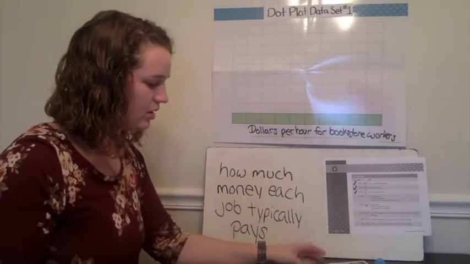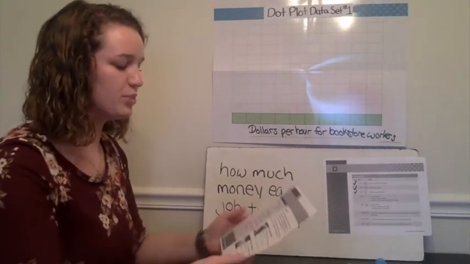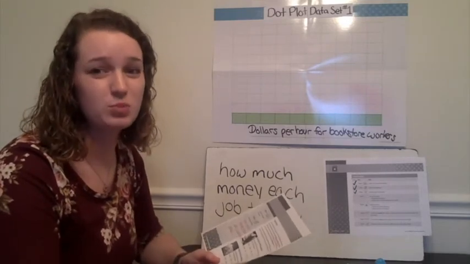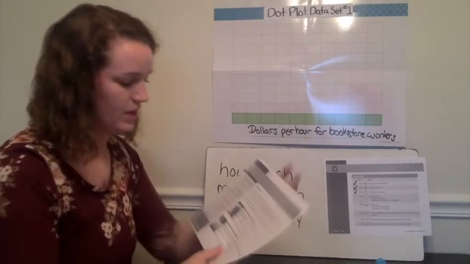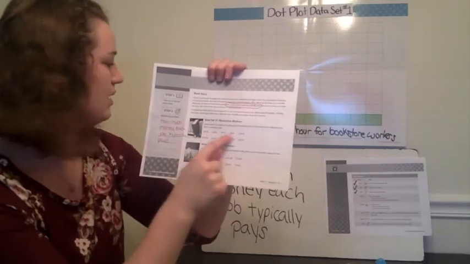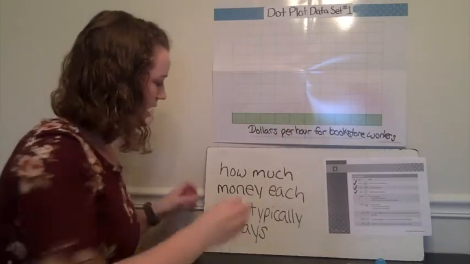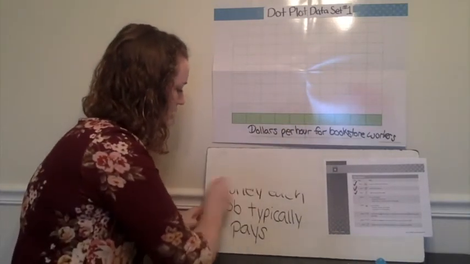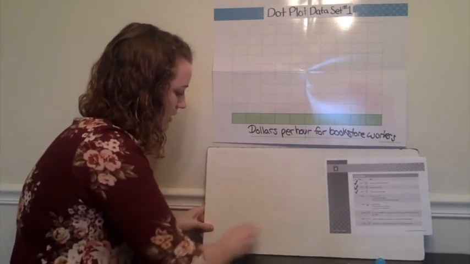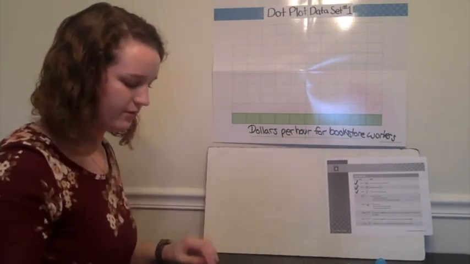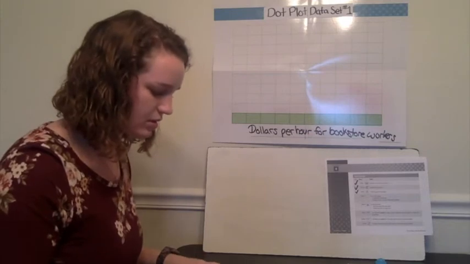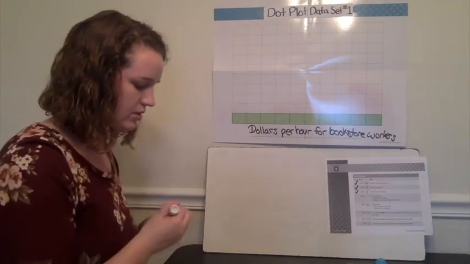So we're going to put our spread on the paper. We need to figure out our spread first. Okay? So if we look at our data set 1, here, I can write it on the board so you can see it a little bit better. Go ahead and look at data set 1 and find the smallest number. The smallest number.